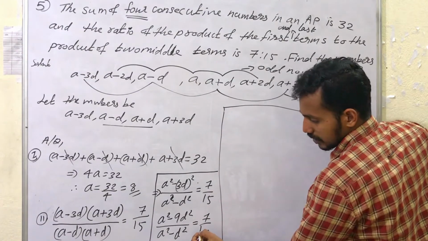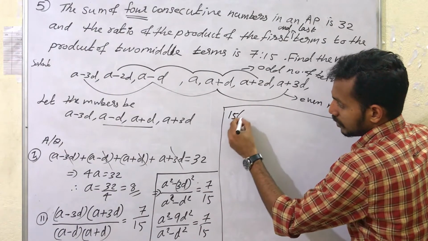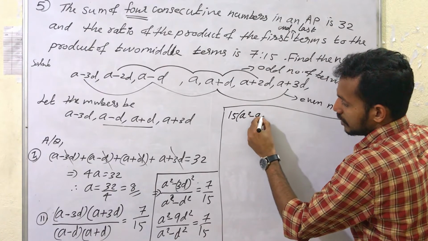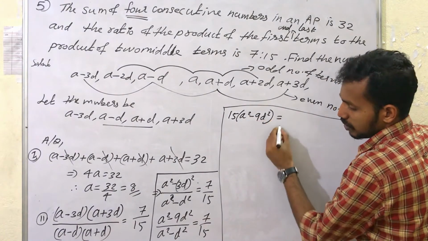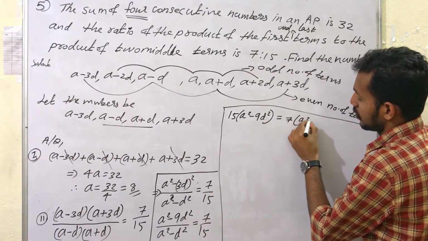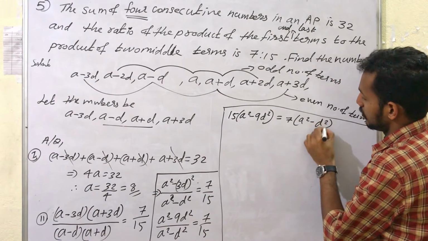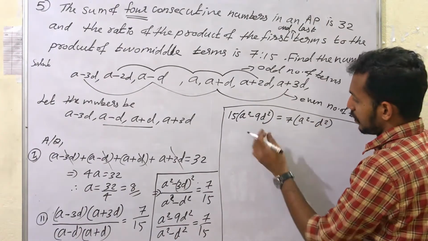Now cross multiply this: 15 into a square minus 9d square is equal to 7 into a square minus d square.